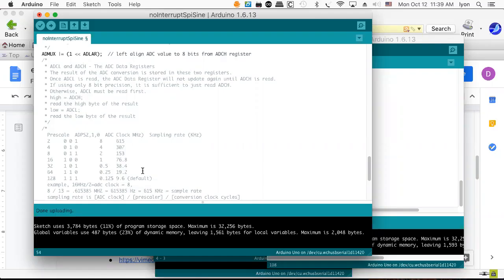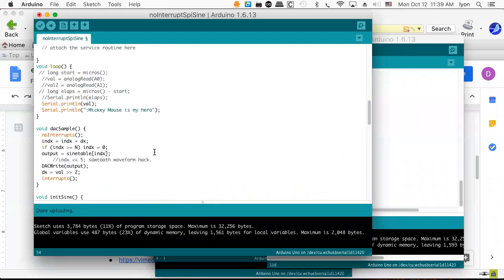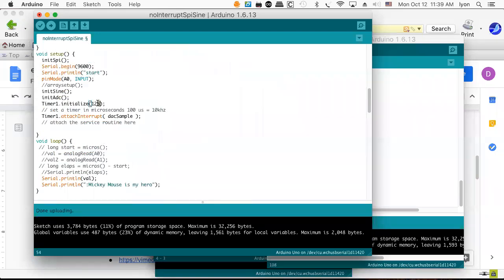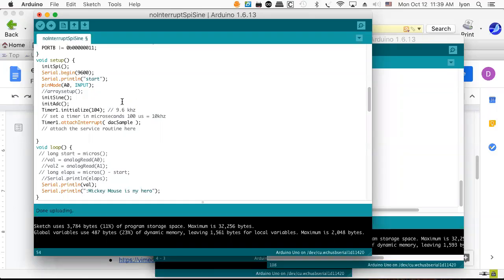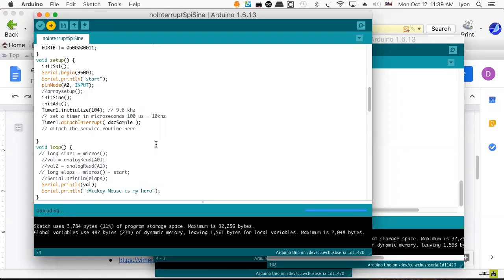So what you really want, if you want to match the A to D converter sampling rate with the output on your DAC, is you want to go to 104 microseconds. That is 9.6 kilohertz. So now the DAC is going to match the sample rate of the A to D converter, in theory.